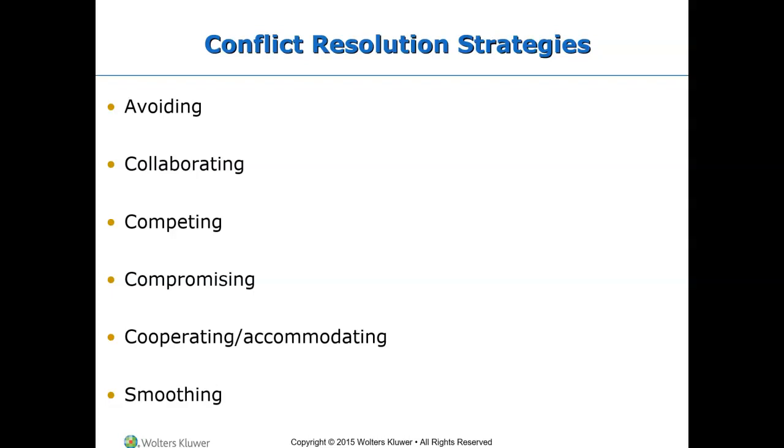Then continue with offers and counter offers, and then agree on the resolution of the conflict. There are also some conflict resolution strategies that you can use. They are listed on the slide and also in the chapter in your textbook, which gives the definition of each of these strategies and some of the advantages and disadvantages of these. Pause and take a moment to review that.